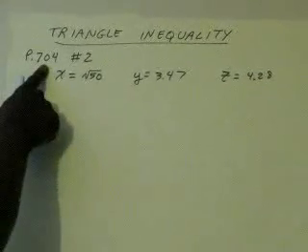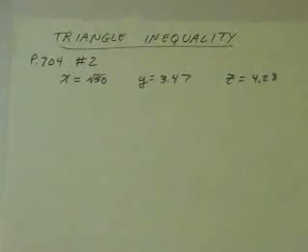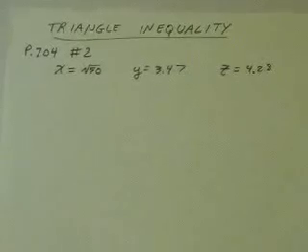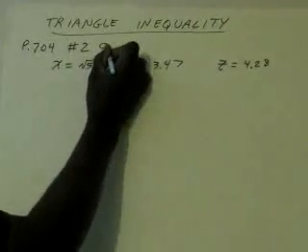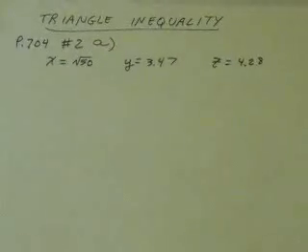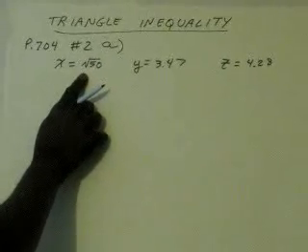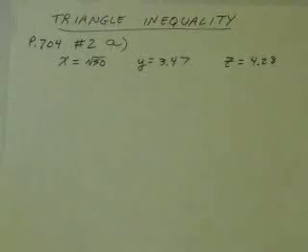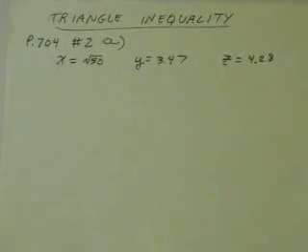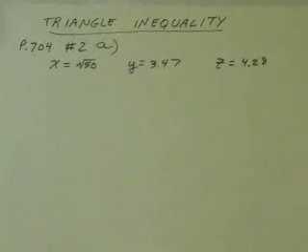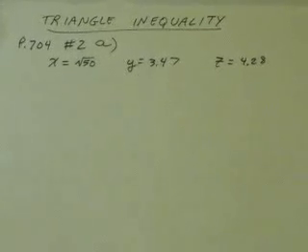On page 704, problem number 2, three sides of a triangle are given, and this is problem 2A. Three sides. X is one side, it's the square root of 50. Y is 3.47, and Z is 4.28. Could these be the sides of a triangle?